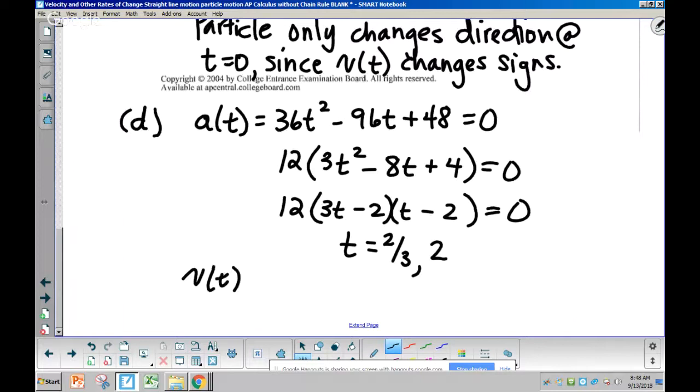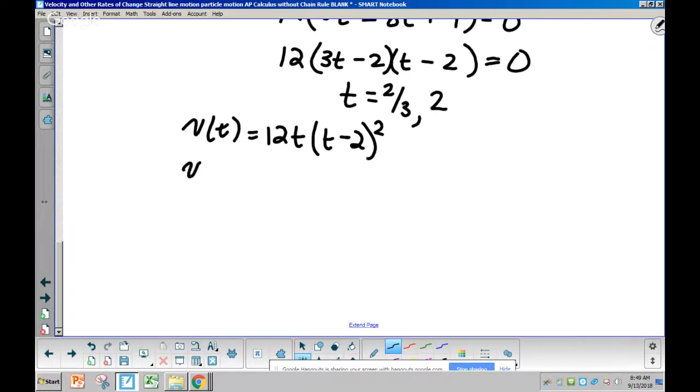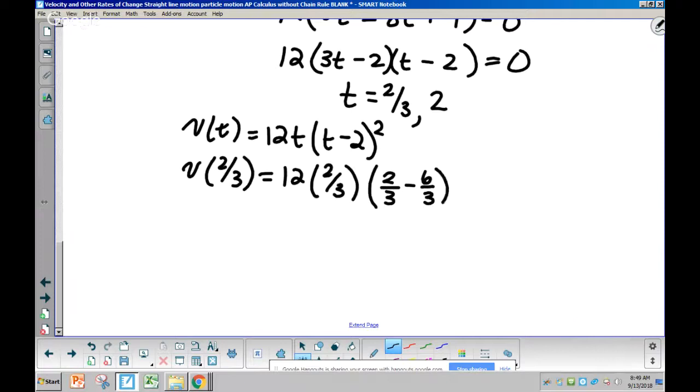V of t was equal to 12t times t minus 2, quantity squared, right? Because we had a multiplicity of 2. And if I want v of 2/3, that's going to be 12 times 2/3 times 2/3 minus 6/3 squared.